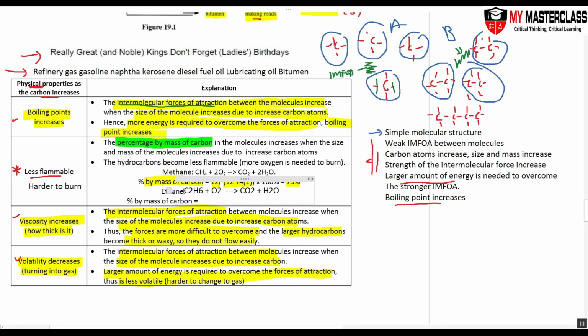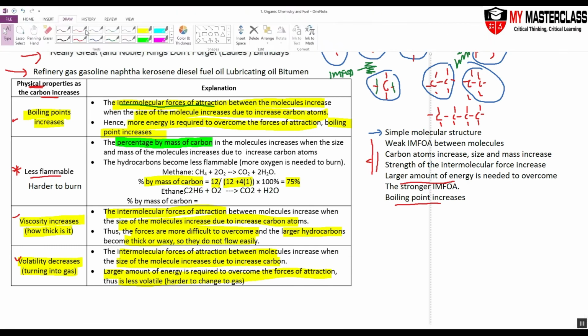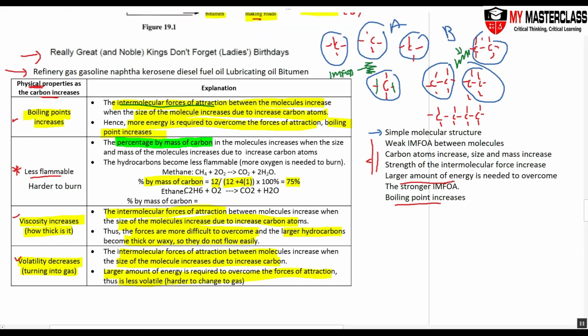Balance out your equation. Balance out your carbon, put a 2 in front. Balance out your hydrogen, put a 3 in front. Then in total I have 7 oxygen atoms on the right, so this one should be 7/2 of O2, then you have 7 oxygen atoms.